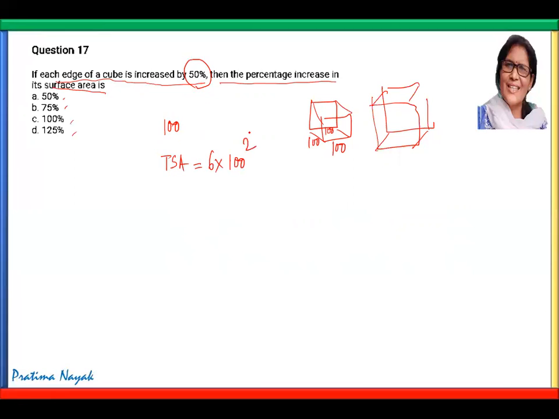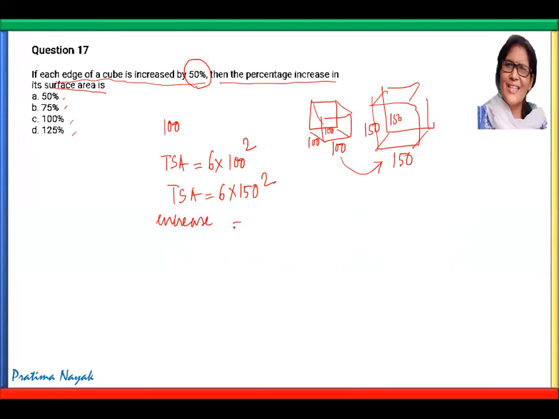Now it is increased by 50%, so 100 will convert to 150. After increasing, it will be 150, 150, 150. So now the new total surface area will be 6 into 150 square. So what is the increase?